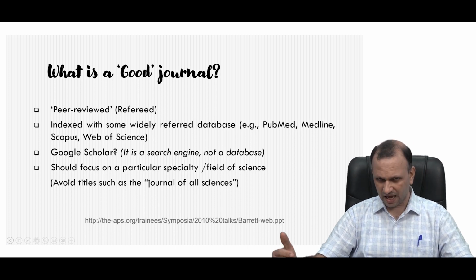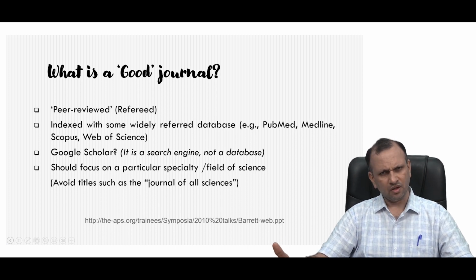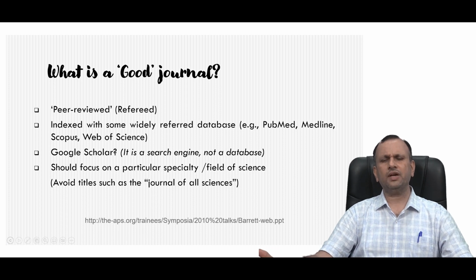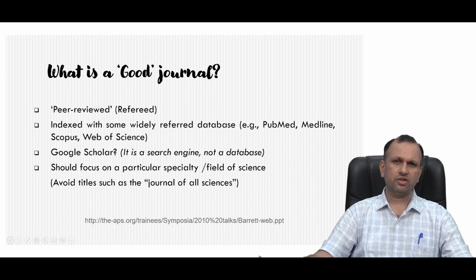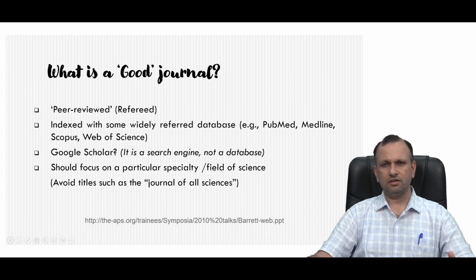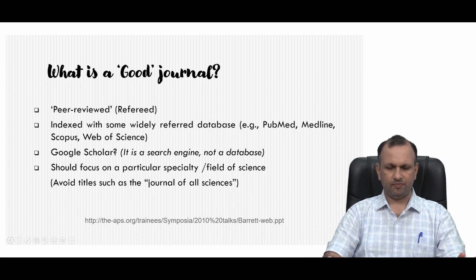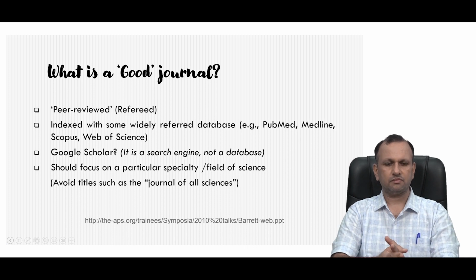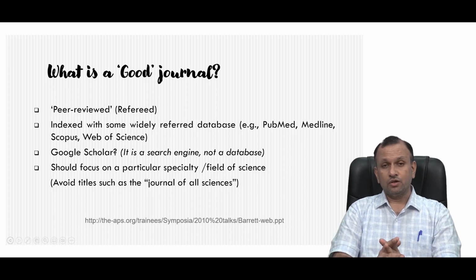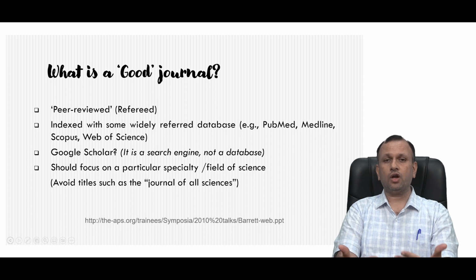But as an expert, on most occasions you are not expected to write your results for popular magazines. You are expected to write your papers for scholarly journals. This is the fundamental point that I wanted to make. Hope it is clear. Now, how can you say that a journal is good or bad?